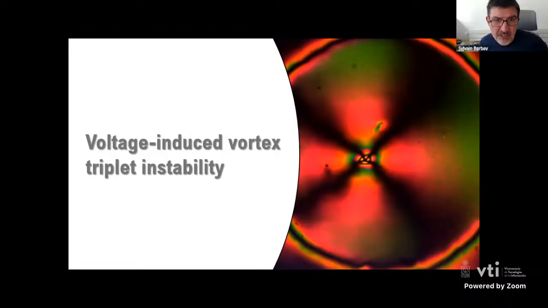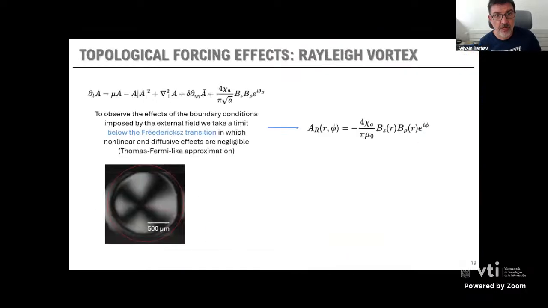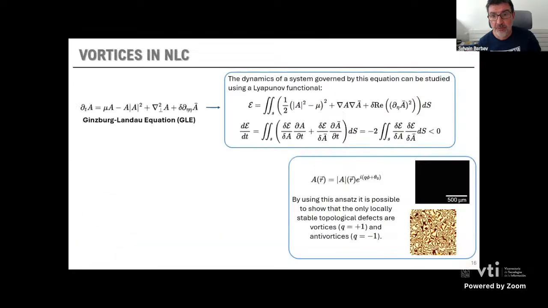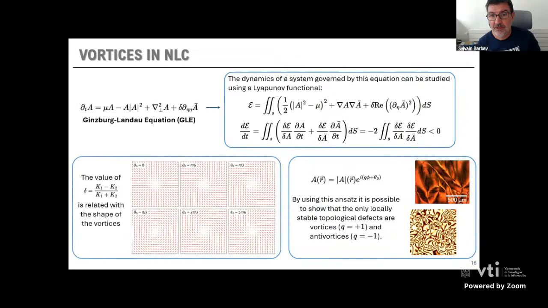My last question of this round: at some point you said that, based on theoretical arguments, the only stable vortices that you can have are with topological charge +1 and -1, and this is based on the assumption that you have this Lyapunov functional.